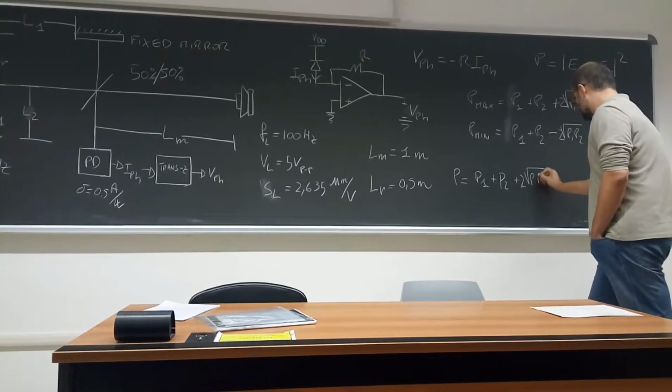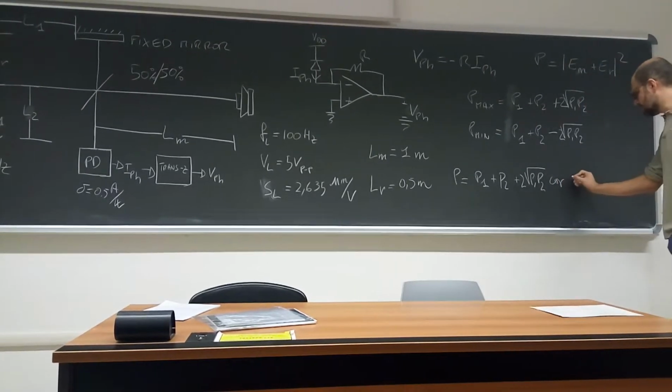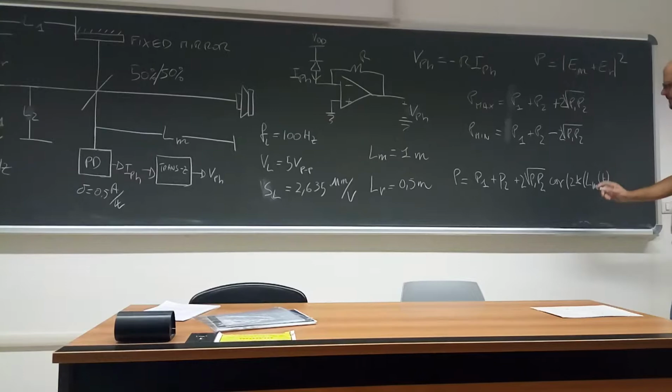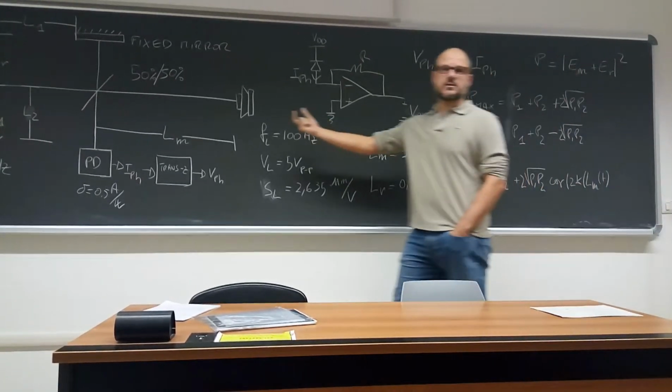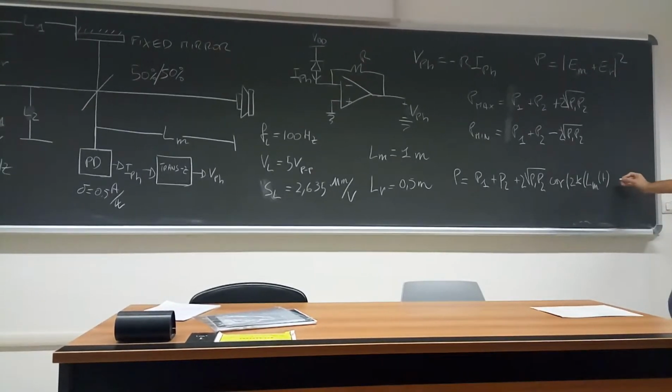multiplied by cos of the interferometric phase. So you have 2k multiplied by Lm. In this case, you have movement of the loudspeaker, so let's say that Lm is time dependent. And then here you have the subtraction of the reference path that instead is fixed.